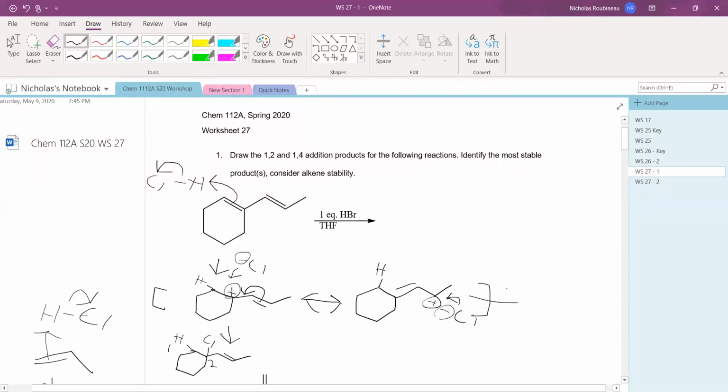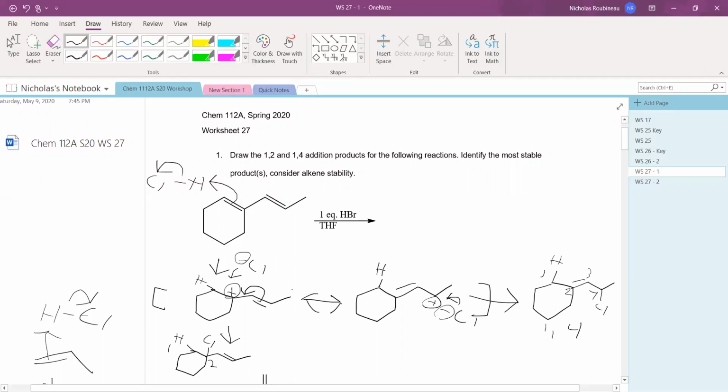And then the chlorine can attack that. So because of resonance, the chlorine ends up on a carbon that is on position 4 relative to the double bond that we reacted with. So that's why this is the 1,4 product.